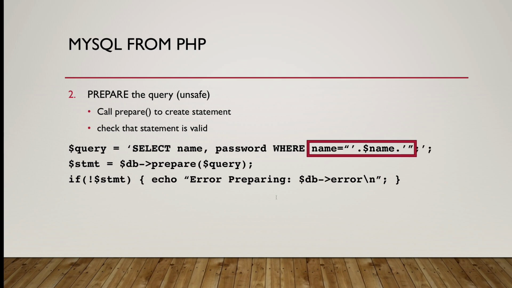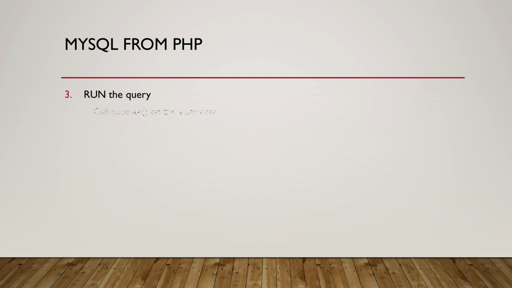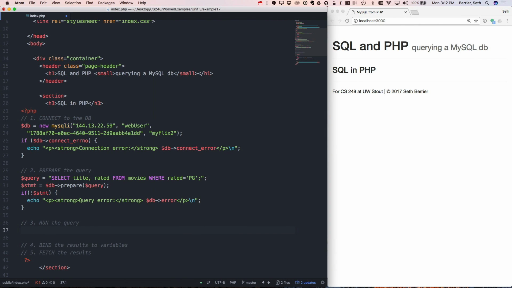For step 3, we need to actually execute the statement. Let's move past the sanitized version. So we're going to call execute on the statement, and as always, check for errors. So we run this as if not $stmt->execute, and that actually runs the query.